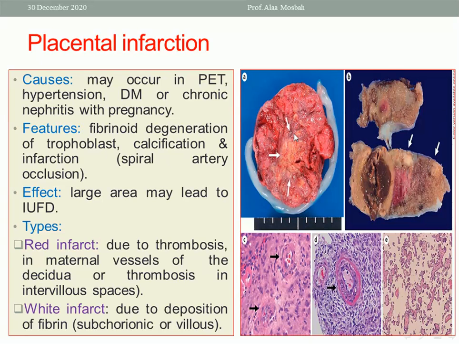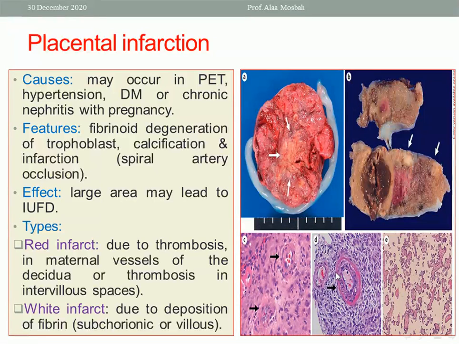Placental infarction may be white infarction, due to fibrin deposition, or hemorrhagic or red infarction, as you see here in the picture, due to thrombosis in the intervillous space and maternal vessels of the decidua. The causes may be preeclampsia or hypertension with pregnancy, diabetes mellitus, or chronic nephritis.